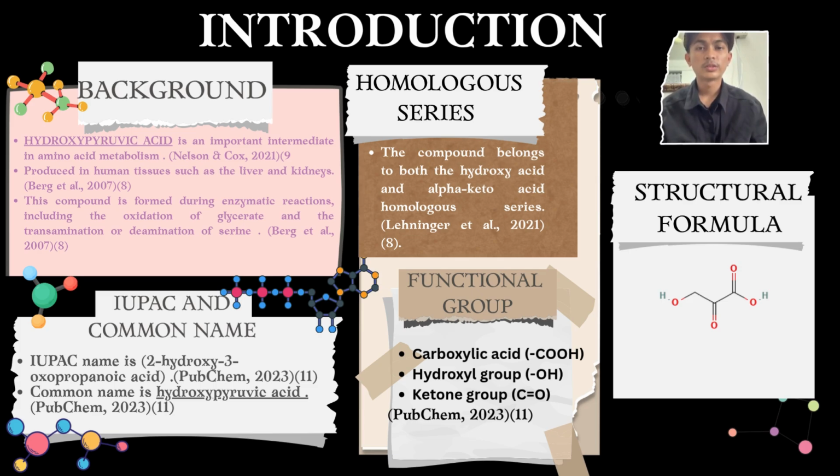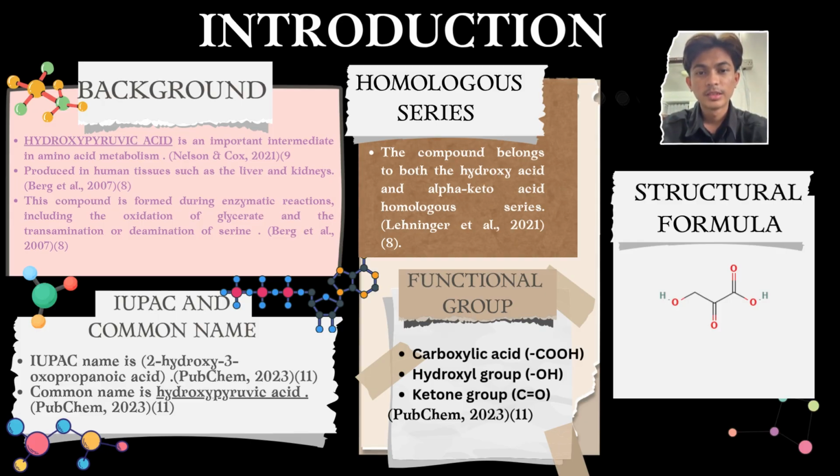It is naturally produced in human tissues such as the liver and kidneys, where it participates in the glycolysis and decarboxylase metabolism pathways. This compound is formed during enzymatic reactions, including the oxidation of glycerate and the transamination or deamination of serine.